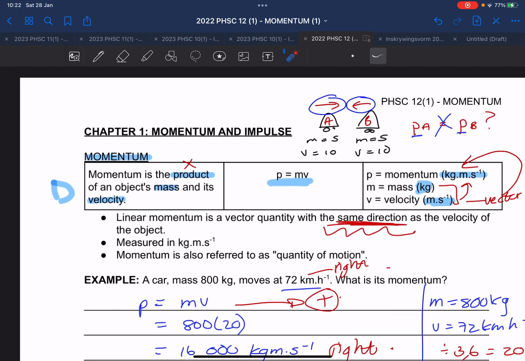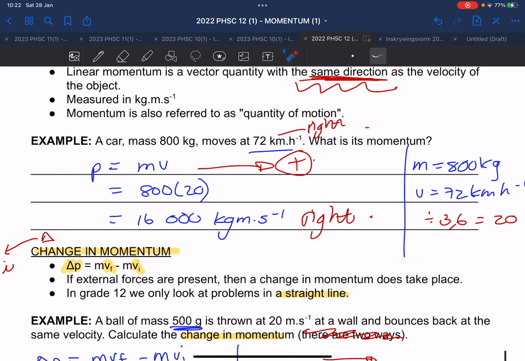Okay, let's look at a calculation. It tells you a car with a mass of 800 kilograms moves at 72 kilometers per hour. And I said, let's just add there to the right, because I didn't put that in there. What is its momentum? So the mass is 800 kilograms. The velocity is 72 kilometers per hour.